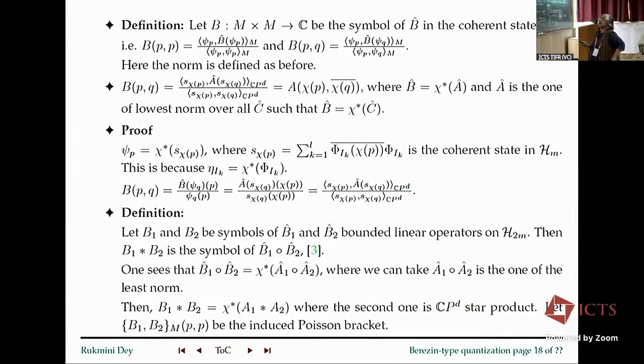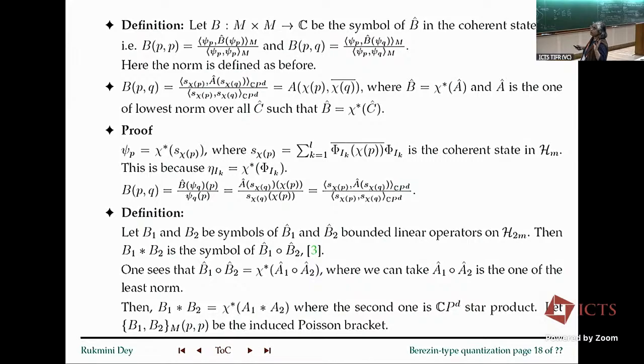So now I have these induced coherent states, and I take the expectation value of the A hats on that. Sorry, CPD norm, this should not be M. So these are CPD norms still, but the parameters are chi P and chi Q. So A of chi P, chi Q bar.